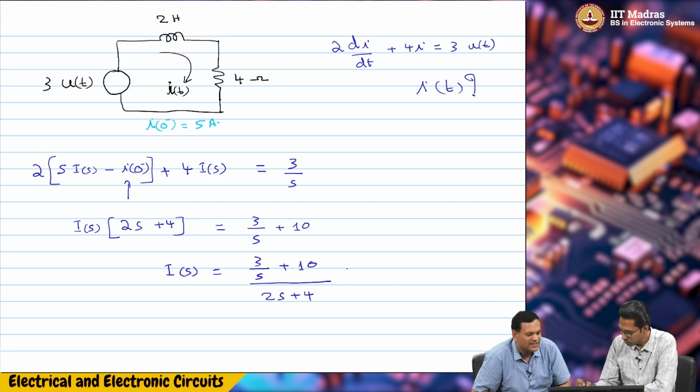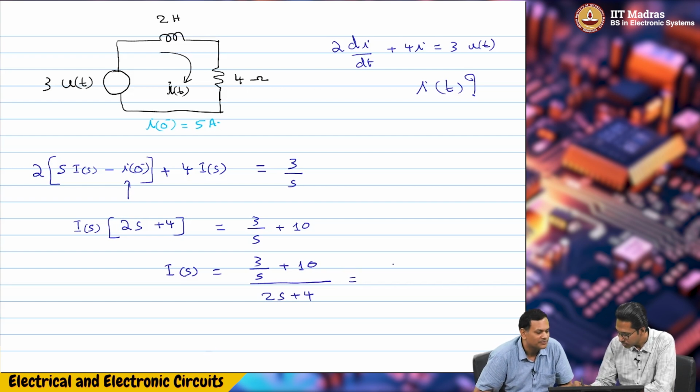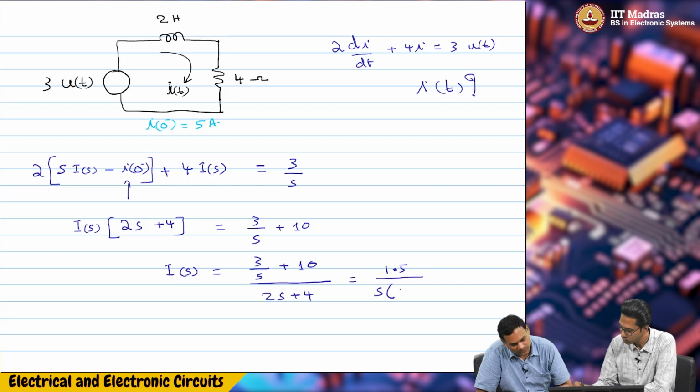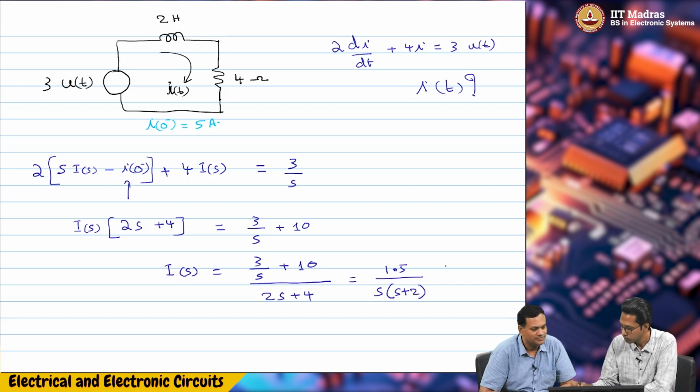Let's try to rewrite it in some easy form. We can write it as 3 by s by this plus 10 by this. So 3 by s will become 1.5 by s into s plus 2, plus 5 by s plus 2.